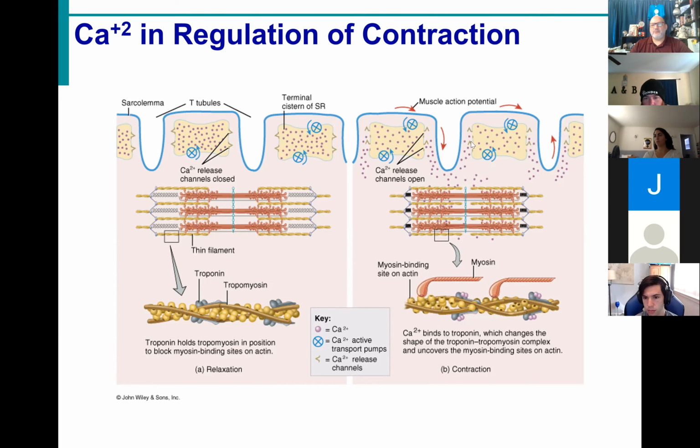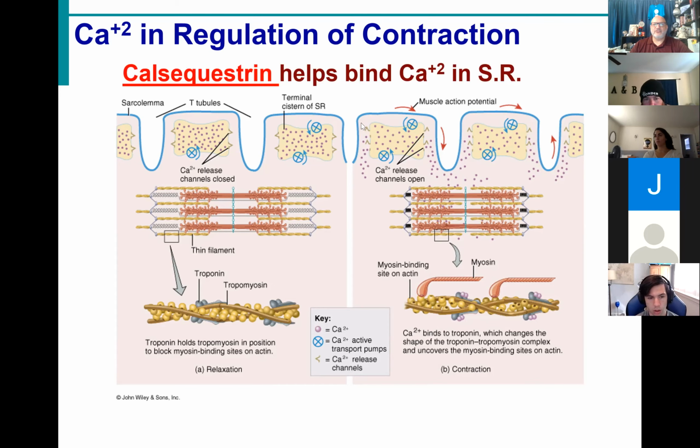Yeah, we've got those pumps, but more calcium is leaving than can be pumped back in. So our calcium binds to the troponin, moves the tropomyosin out of the way, and myosin can grab onto the actin. And like I mentioned, calsequestrin is that protein that helps to store massive amounts of calcium inside the sarcoplasmic reticulum.